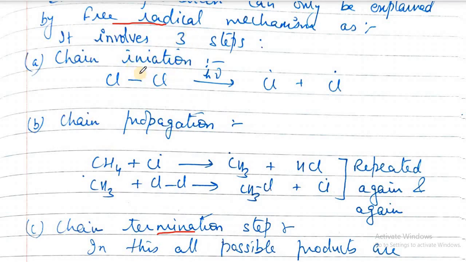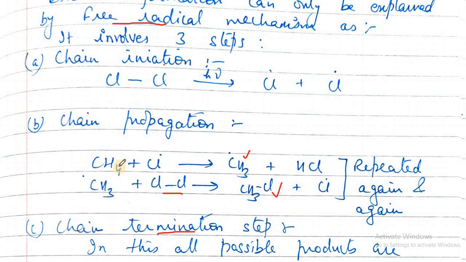In chain initiation, chlorine in the presence of sunlight gives free radicals. These free radicals then propagate the chain. That is, these free radicals react with the reactant methane to give the methyl free radical plus HCl. Then this methyl free radical reacts with another molecule of chlorine to give chloromethane and a chlorine free radical.